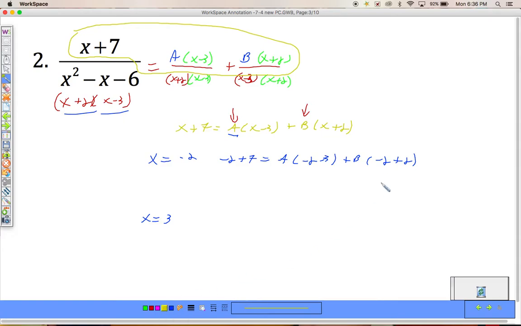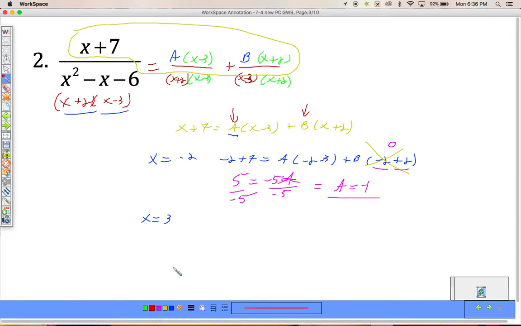Doing that, this b piece is going to disappear because that's b times 0. So I'm going to have 5 equals a times -5, divided by -5, and I get a to be -1. I picked a value of x that would make this back piece disappear because -2 plus 2 is 0. My b is gone.